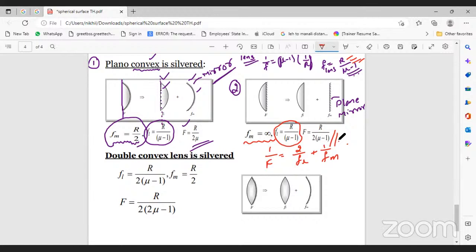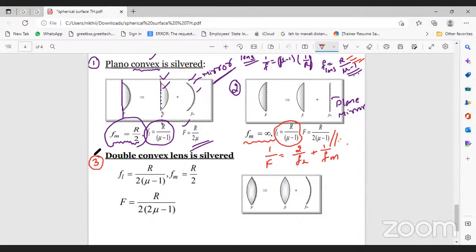No, sir. Come to the third case, which is silvered. In this case, the second surface of the lens is silvered, but it is not a plane or convex, right?